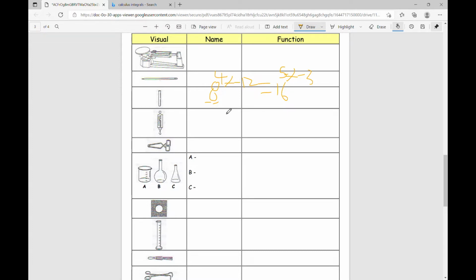So we can rewrite 8 as 2 cubed, and 4x minus 12 again. And we can rewrite 16 as a common base of 2, but 2 to the 4th power and 5x minus 3. Okay, now we need to multiply, because when you have an exponent raised to another exponent, you need to multiply.